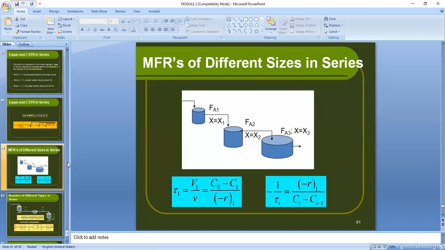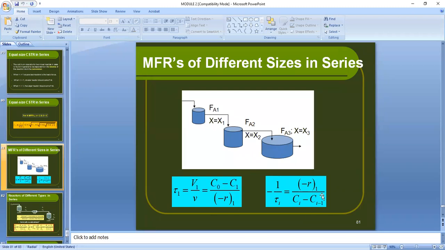Tau sub I is equal to the volume of the reactor divided by the volumetric flow rate processed by that reactor, which is also equal to the initial concentration minus the final concentration divided by the rate.